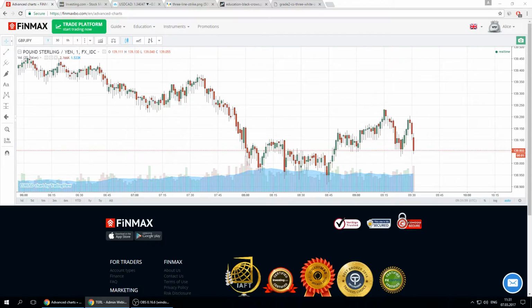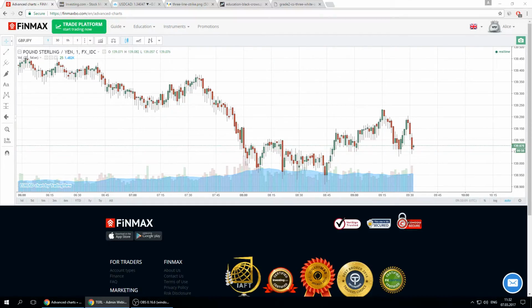So today I wanted to talk about such candlestick patterns as three black crows, three white soldiers, and three line strikes. They are similar, but they show us different situations on the market.